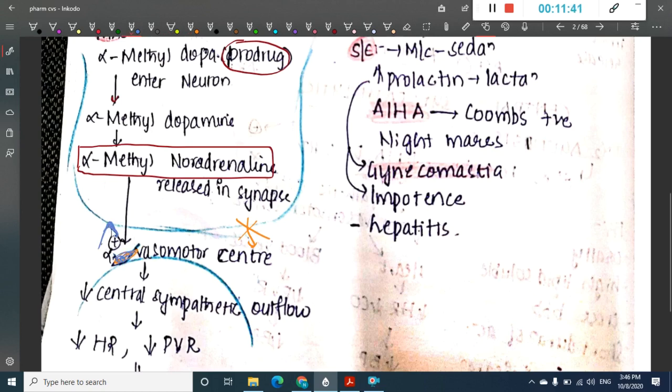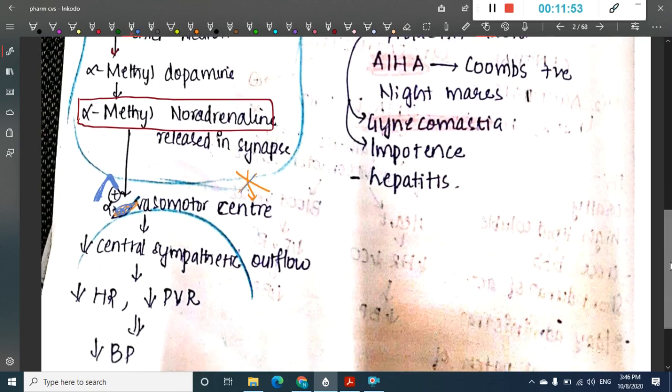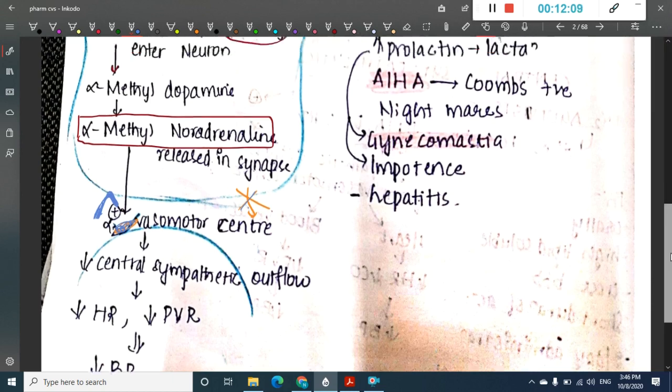Once it is activated, it inhibits the release of the neurotransmitters, and as a result there is decreased central sympathetic outflow. Whenever there is decreased noradrenaline and adrenaline, all those sympathetic neurotransmitters, there won't be activation of the heart through beta 1 receptors, and as a result there will be decreased heart rate and decreased peripheral vascular resistance, thus decreasing BP.